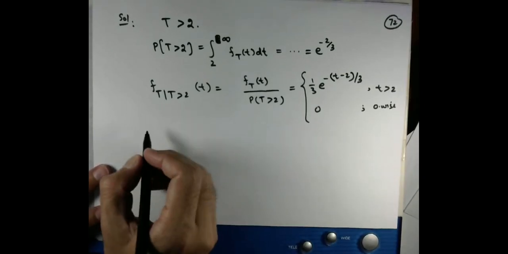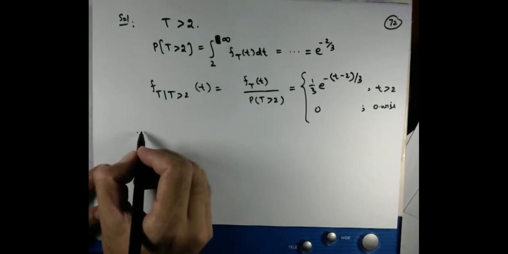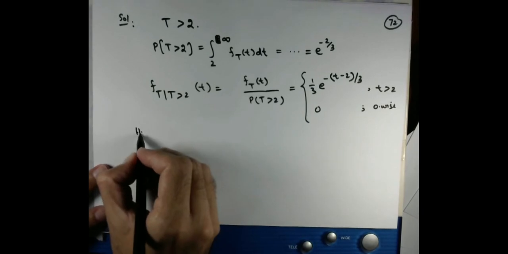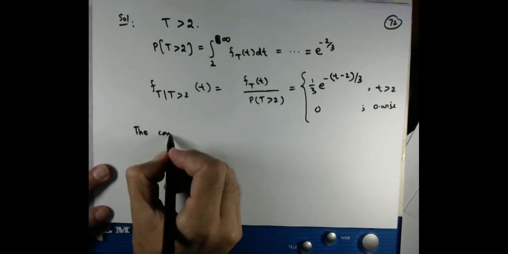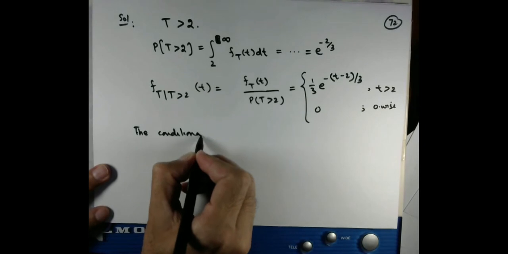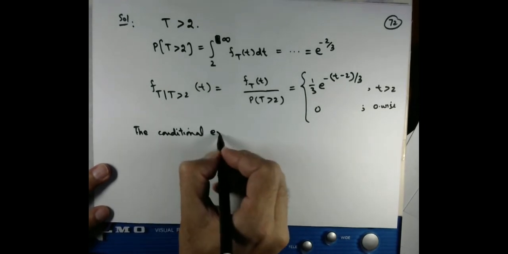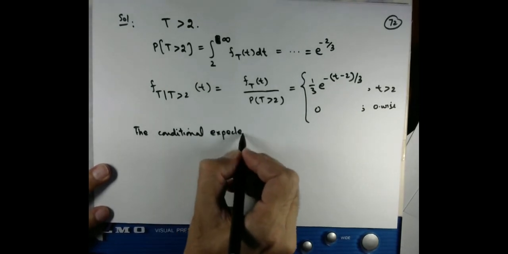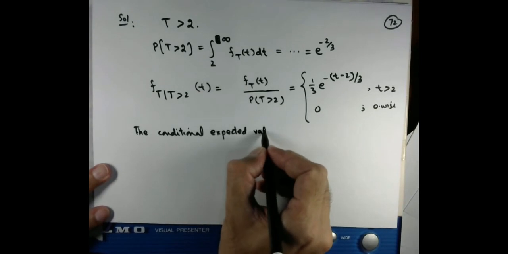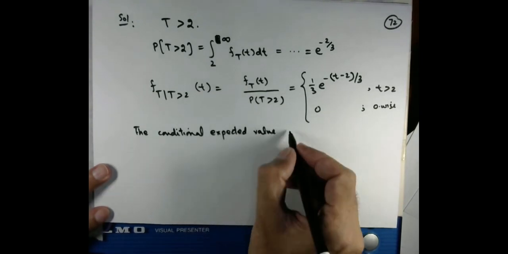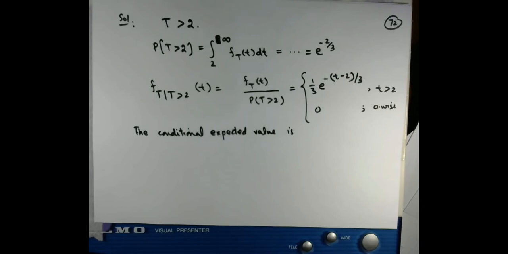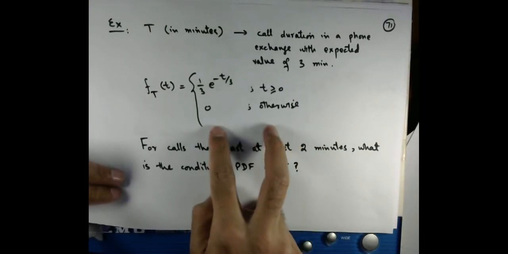Just as an extension, the conditional expected value means the average call duration for all those calls which are at least 2 minutes long.